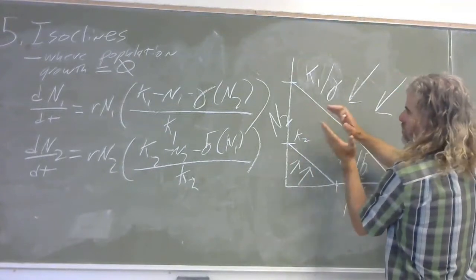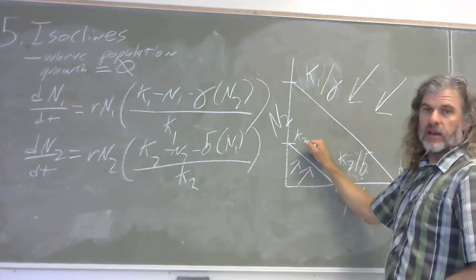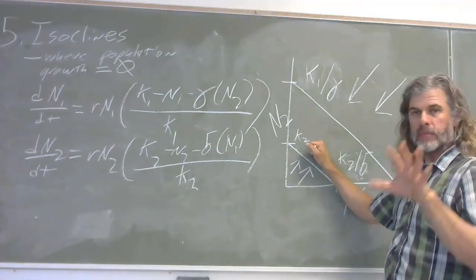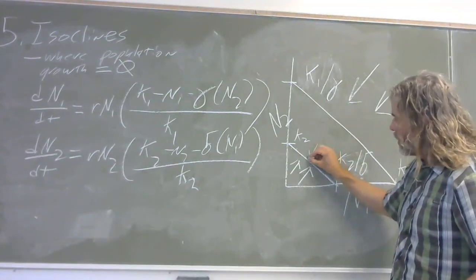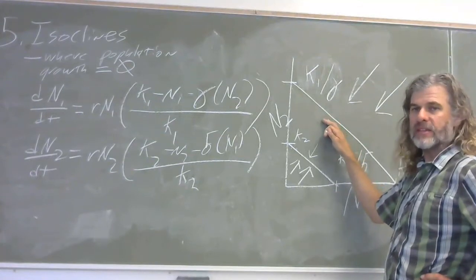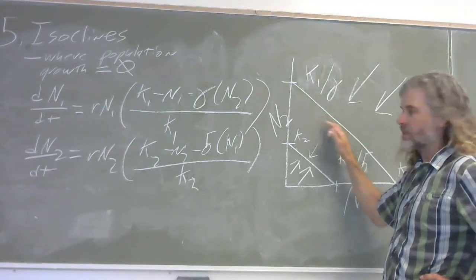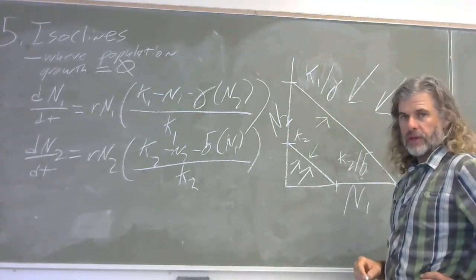Now, the thing that we're really interested in is this space, where we're above the isocline for species 2. That means that it will have negative population growth, but we're still below the isocline, in positive growth space, for the first species, and that means that this one will have a positive growth rate.